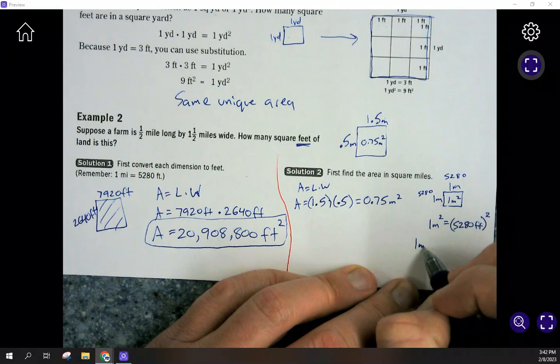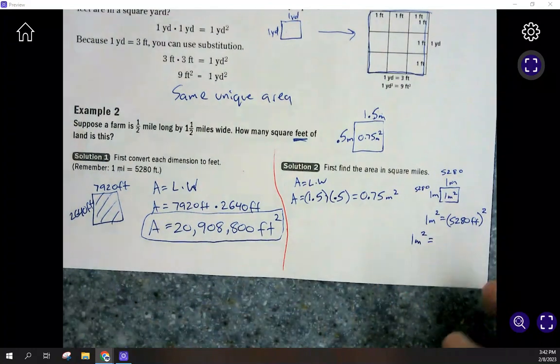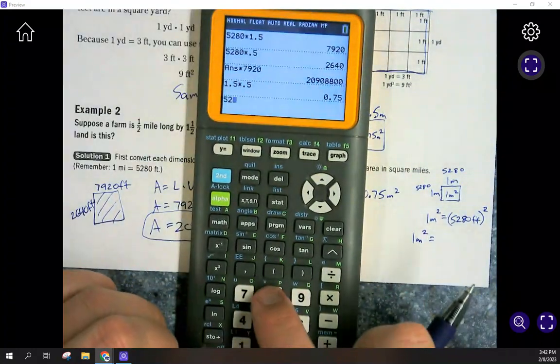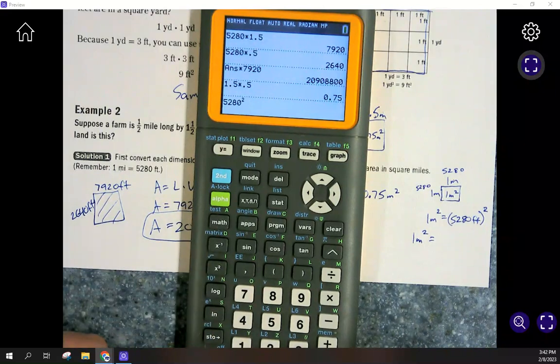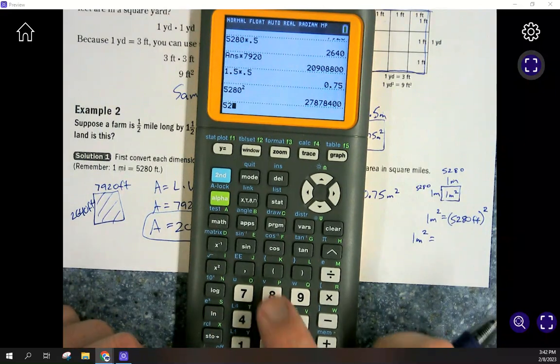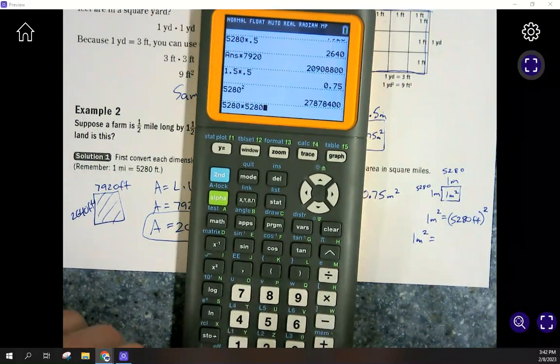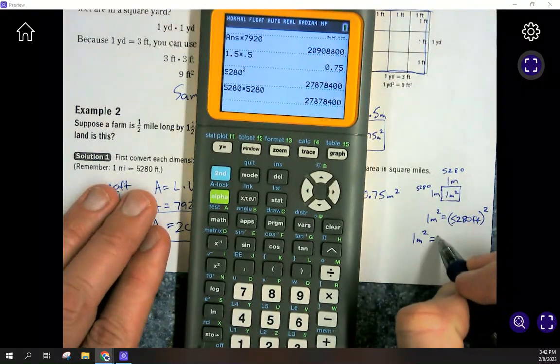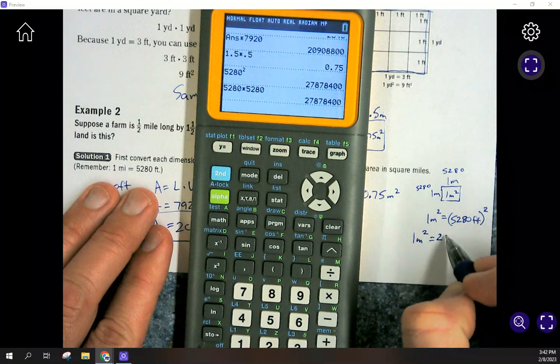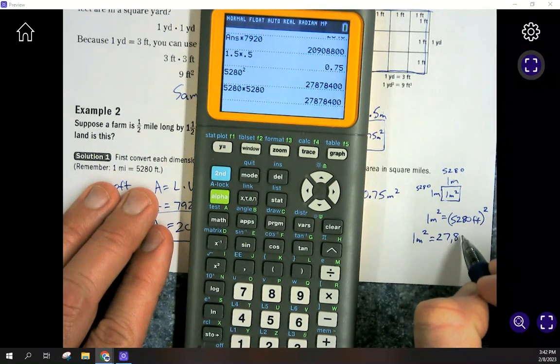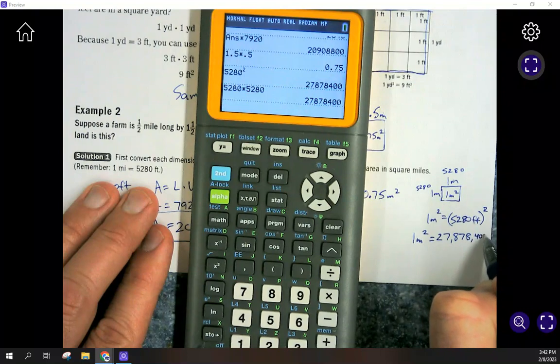So let's go ahead and actually figure out what that is. You could use the squared button, or you could do 5280 times 5280, right? Just like the length times the width, anything times itself. So 1 square mile is 27,878,400 square feet.